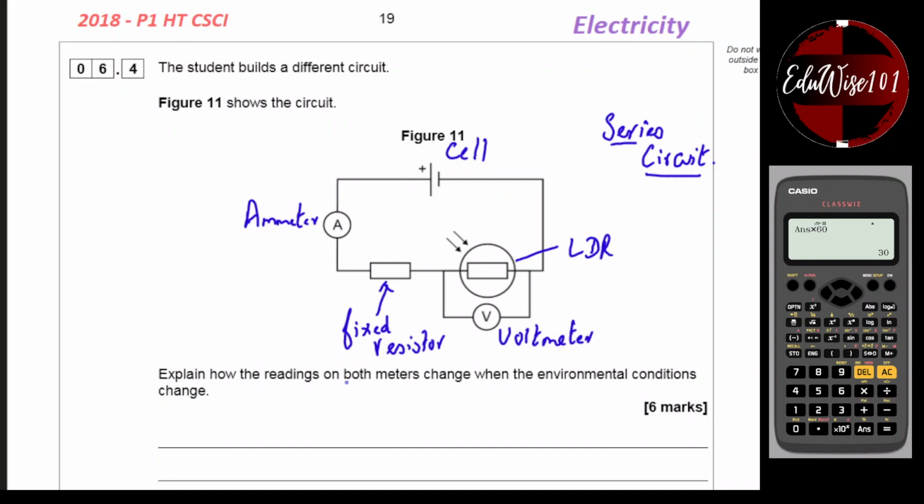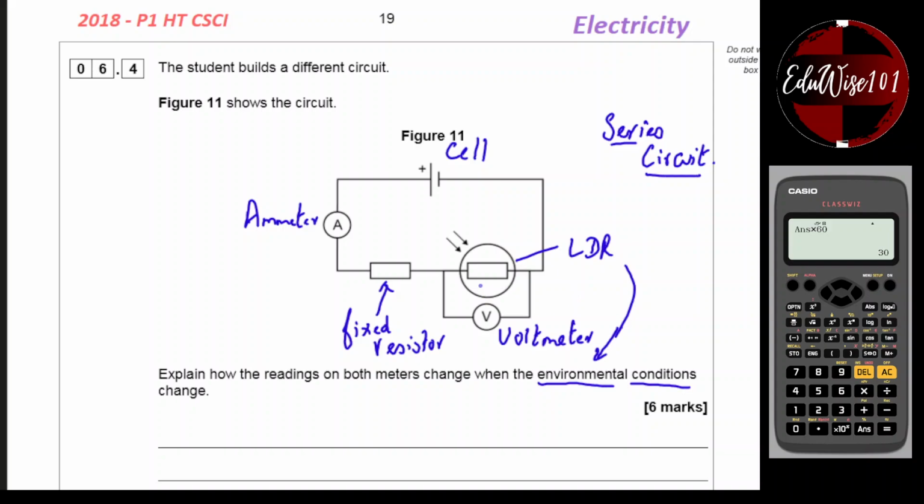Explain how the readings on both meters change when the environmental conditions change. So now the light dependent resistor, the resistance is going to change depending on the environmental conditions. Now what is the environmental condition? Whether there is light or not, that's the environmental condition.